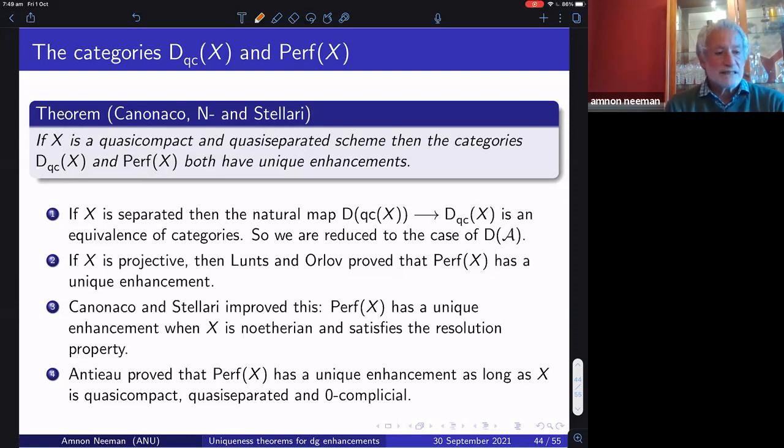So in other words, the statement about DQc of X was known for separated X.